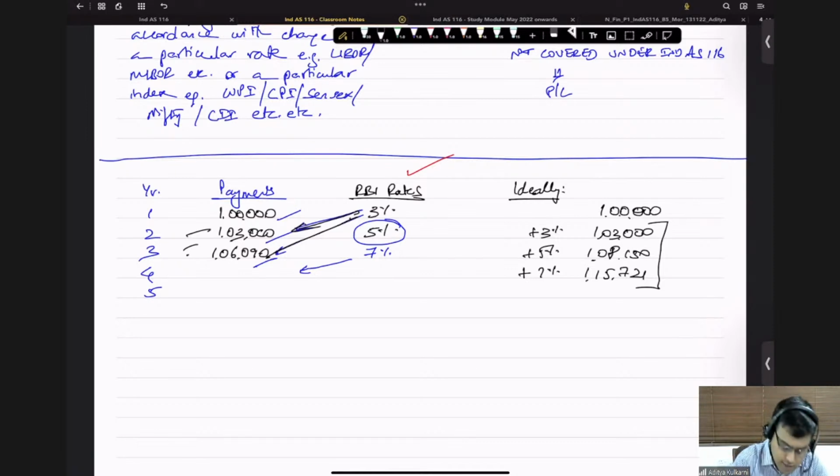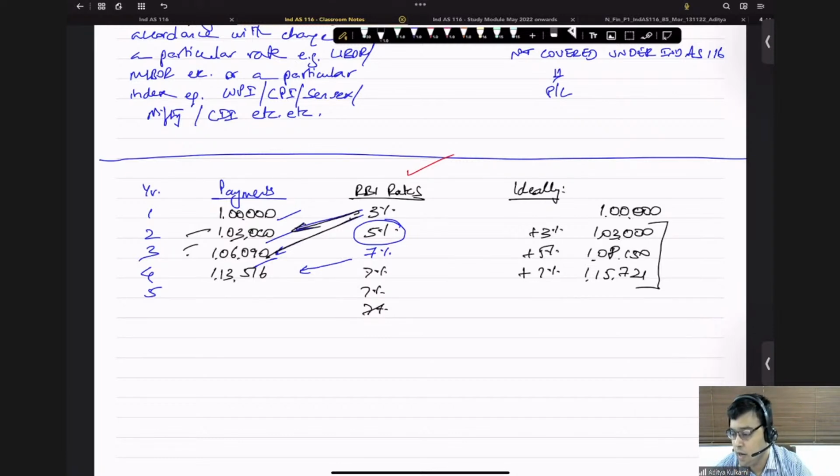The cash flows are changing in the fourth year depending on the RBI rate for the third year. So here the new cash flow is going to be 1,06,090 into 1.07. So now this is going to be 1,13,516. And now you proceed with 7% estimation throughout.